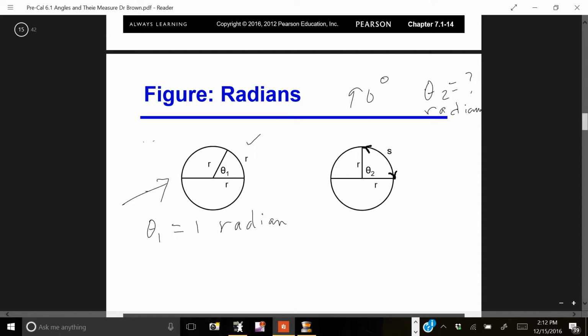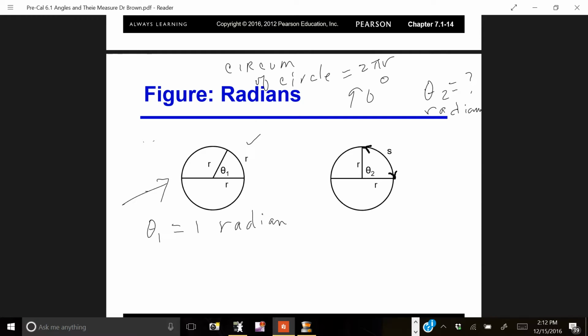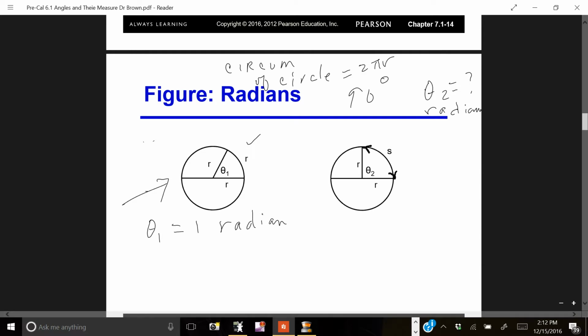Well, notice that the circumference of the circle is equal to 2 pi r. So this arc length for 90 degrees would be 1/4 of the circumference of the circle.